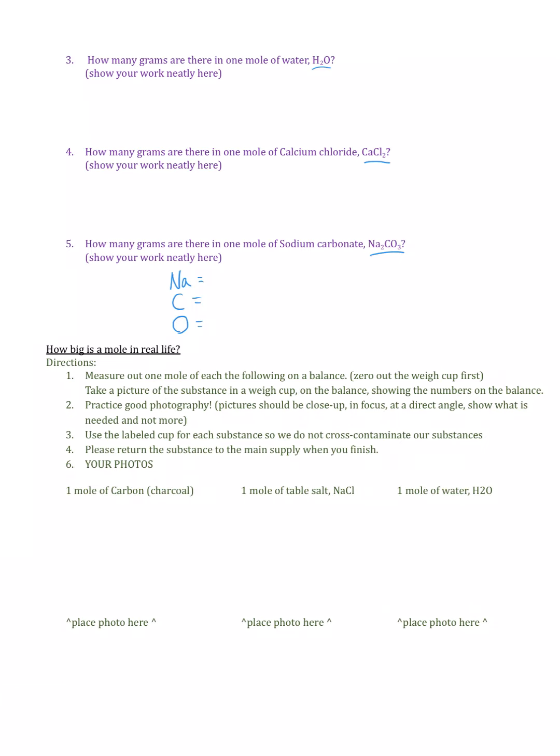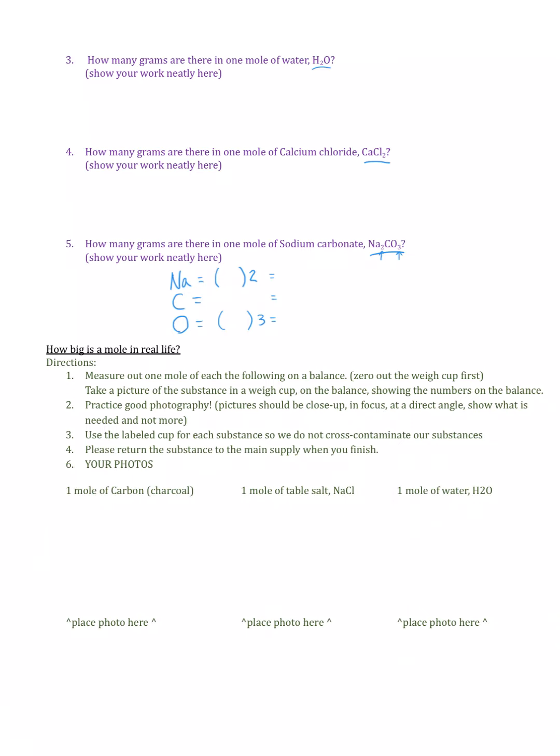Because for sodium, whatever that molar mass is, I'm going to have to multiply it by 2, because of this 2 right here, and that's going to go into my total. Oxygen, I'm going to have to multiply by 3. Carbon is a 1. There's no number here, so carbon is just the mass of carbon.